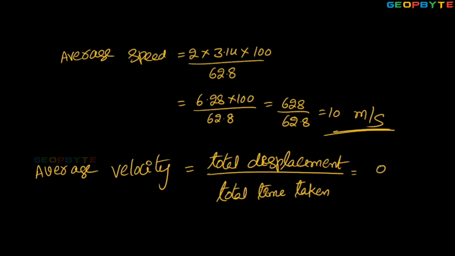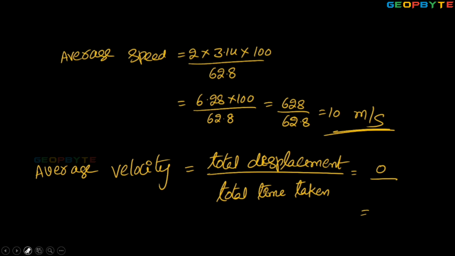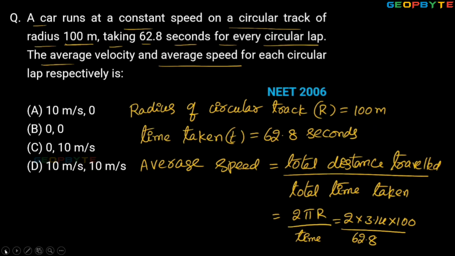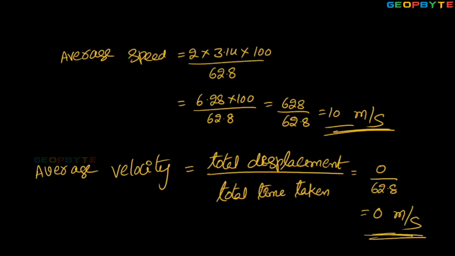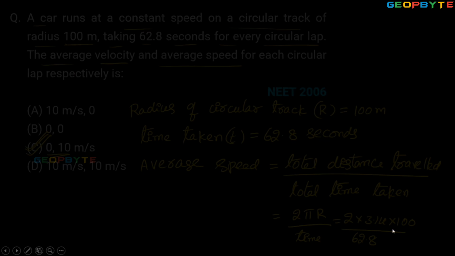So total displacement is 0, divided by time 62.8. 0 by something is 0. It is in meters per second. So 10 and 0 is the correct answer. Look at the options. He is asking average velocity. Average velocity is 0 and average speed is 10. Option C is absolutely correct. Understood clearly? Yes.